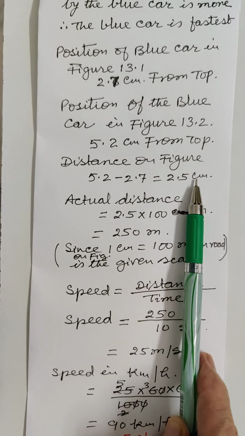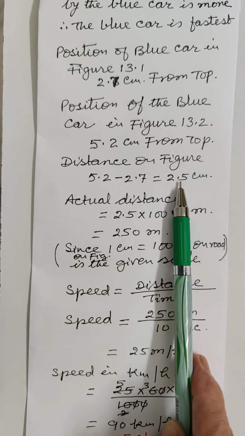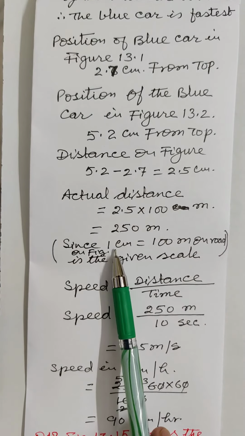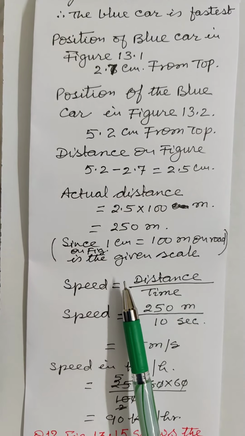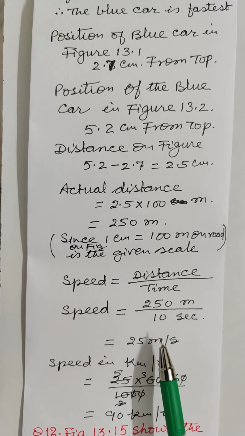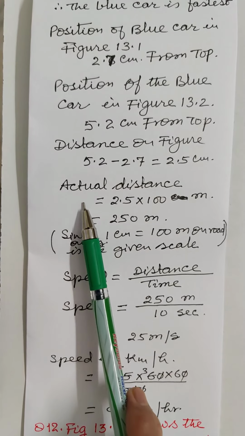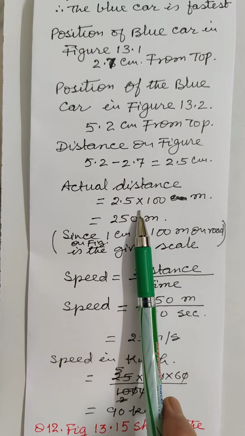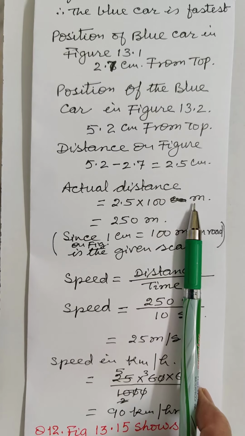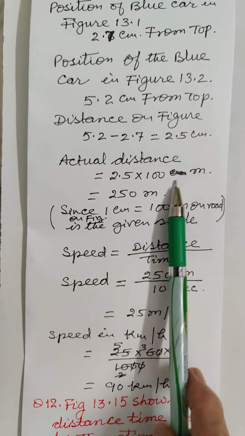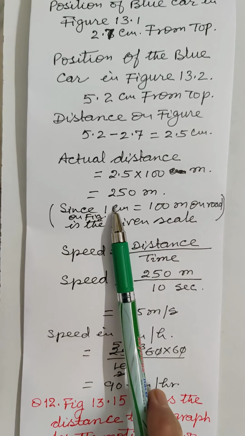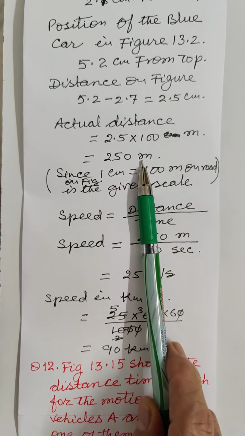2.5 centimeter is the distance travelled by the car in 10 seconds. So the actual distance is 2.5 into 100 meter. Since 1 centimeter is equal to 100 meters, as given in the scale on the figure, 2.5 into 100, 250 meter is the distance on road.